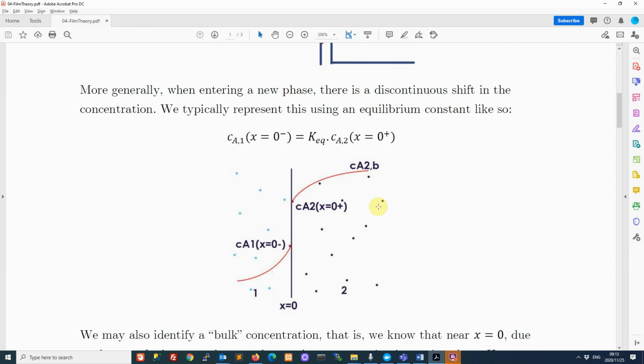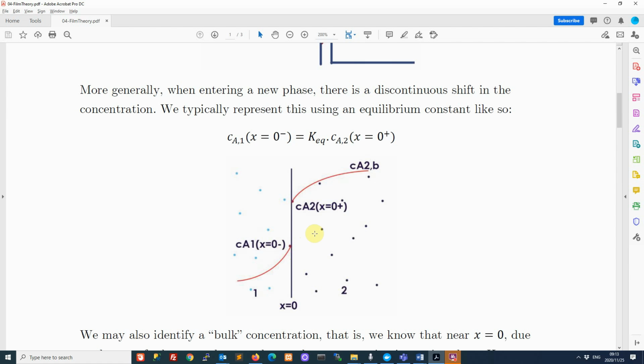So equilibrium, that's the first important piece to understand in this overall picture. Now the other thing to take note of is that we have some concentration variation here due to the diffusion driving force. And just to come back to this, there's no diffusion issue here. When we talk about this discontinuous jump, this is not due to diffusion differences.